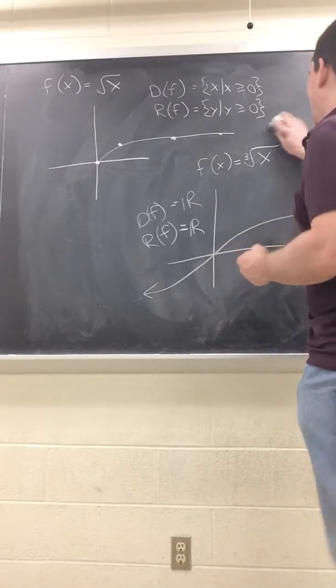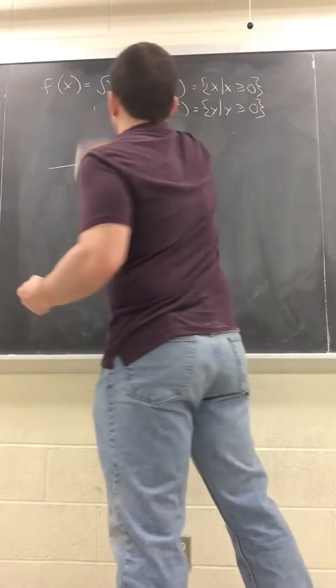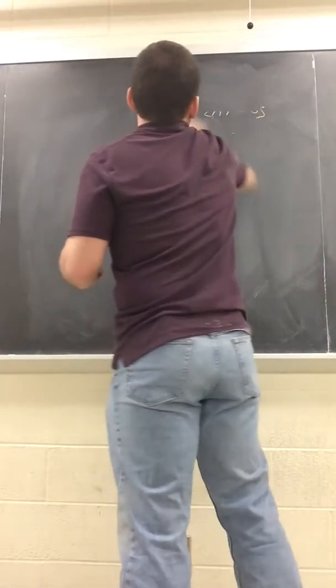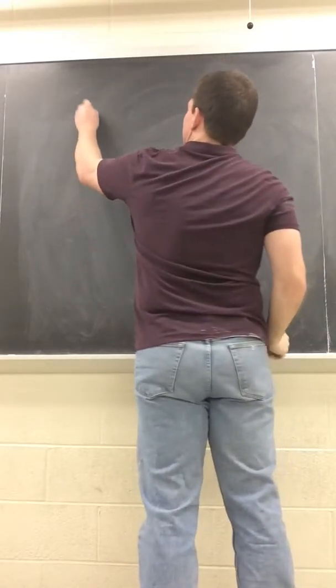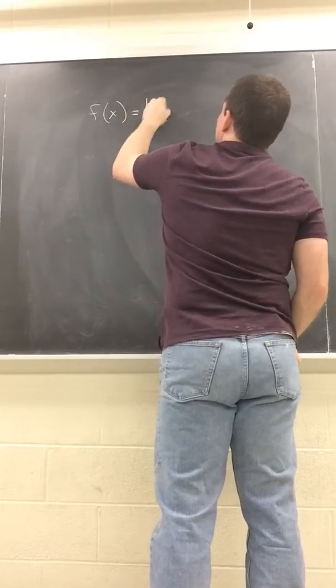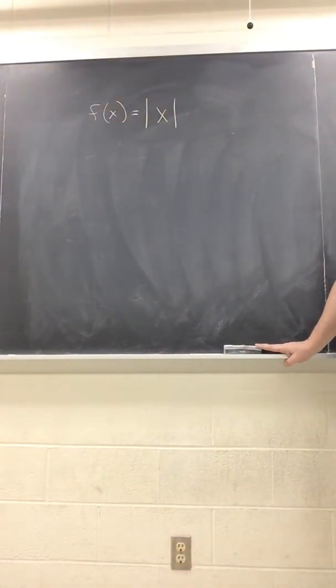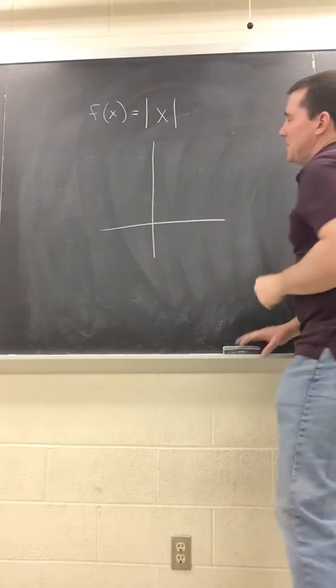Now there's maybe one more we really care about. F of x equals the absolute value of x. Here again, if you're not sure what the graph looks like, if you've never seen it before, plug in x values and see what you get.